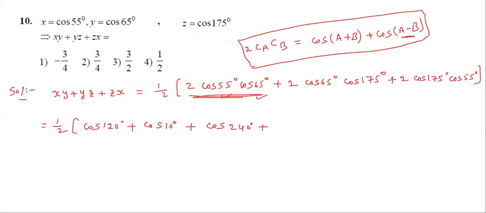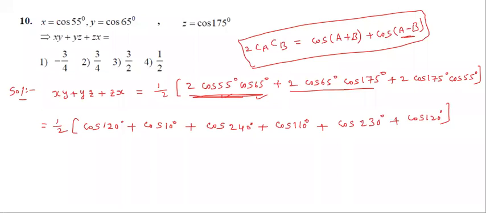Plus cos of A minus B, 175 minus 65, that is 110. So the second one is also completed. Go to the third one, 2 cos A cos B, cos of A plus B, 175 plus 55, 230 degrees. Friends, it is correct. Cos 230 degrees plus cos of A minus B, 175 minus 55, 120, cos 120.